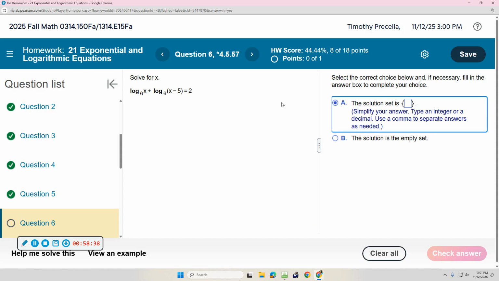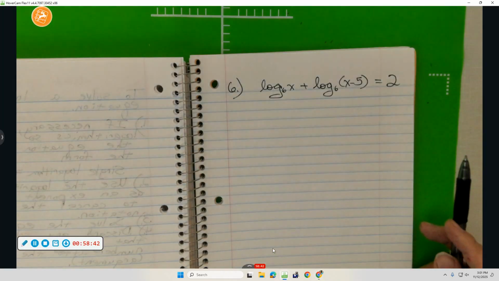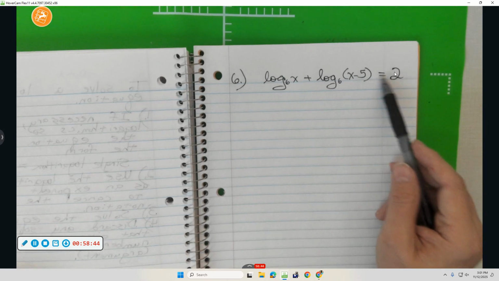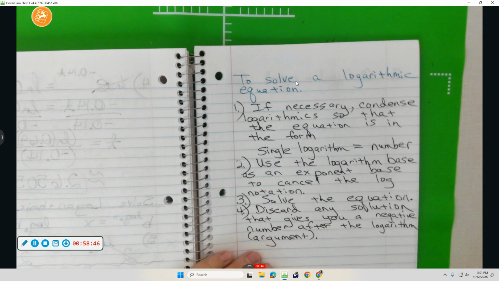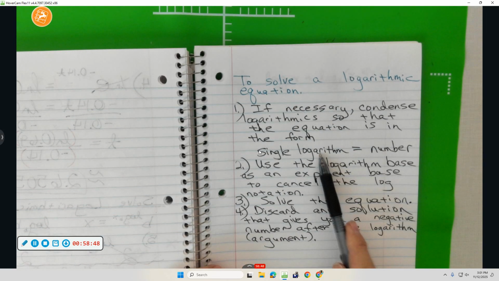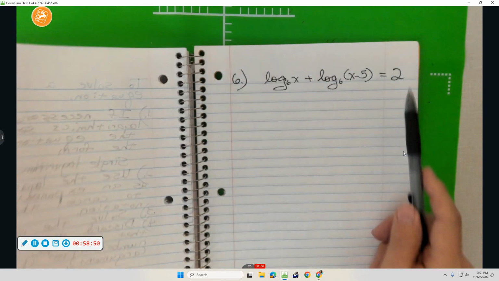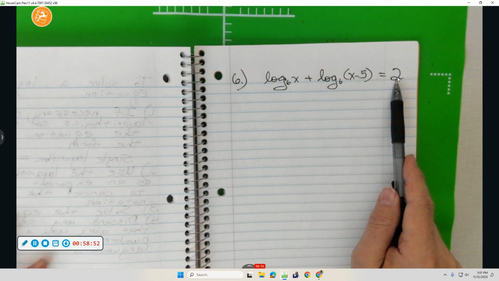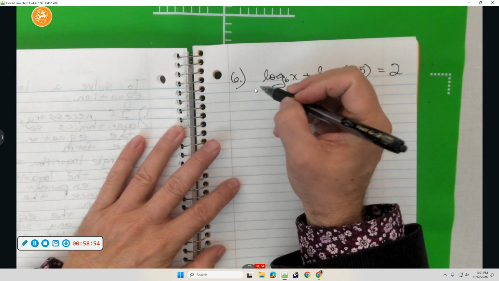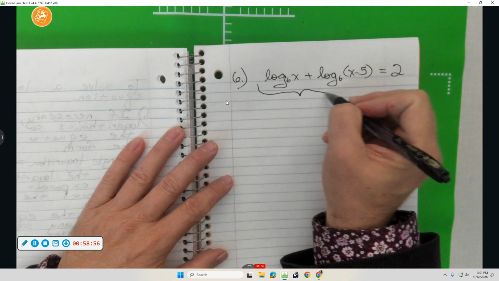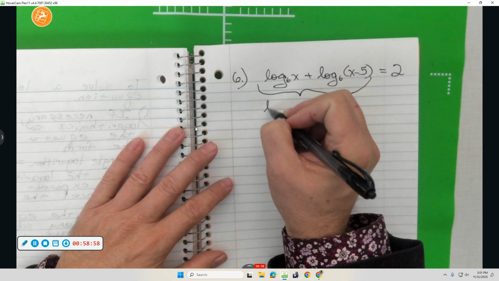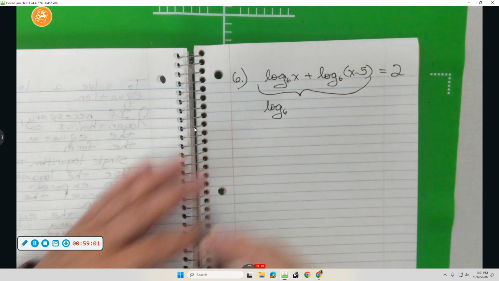The equation's half right: we have equals a number. We need it in the form single logarithm equals a number, but we don't have the single logarithm on the left side. We're going to have to condense those logarithms. I'll write the log base 6.